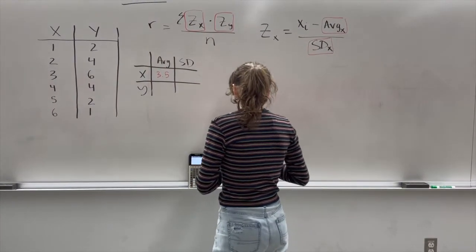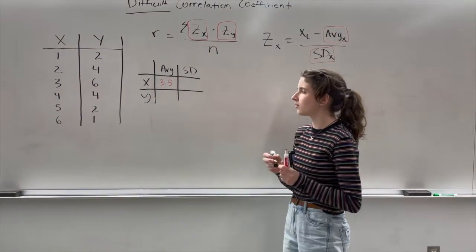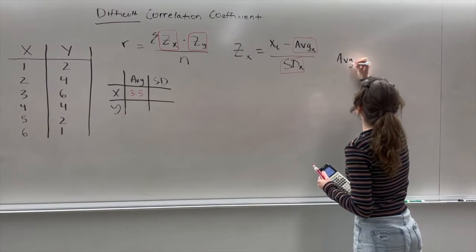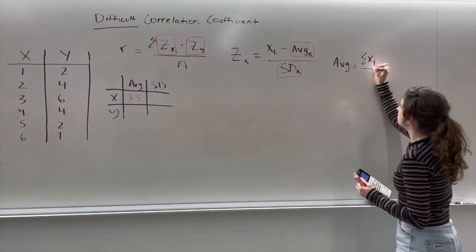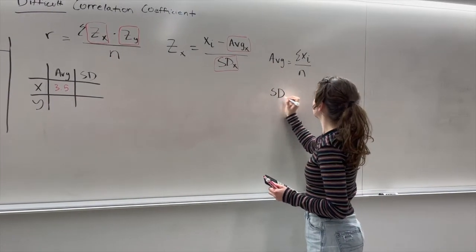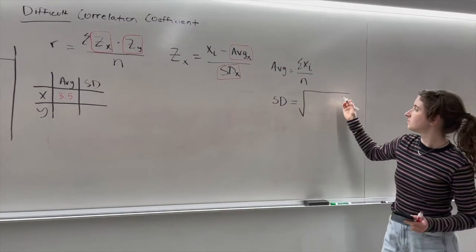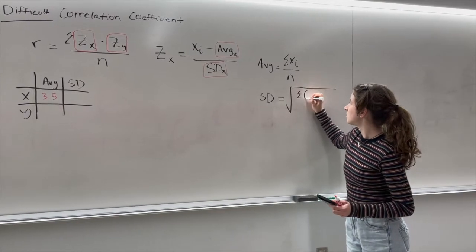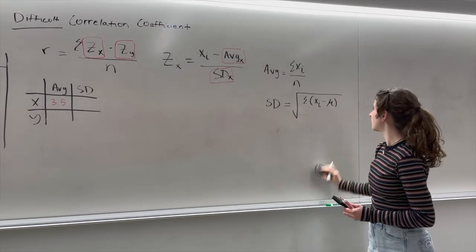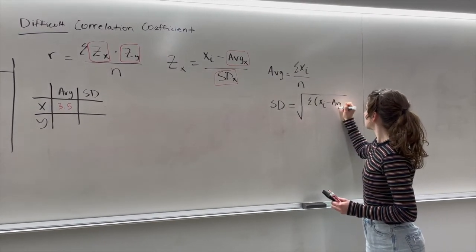And then the standard deviation is a bit more complicated. Here, I'll write out the equations for both. Average equals sum of all values over the number of values, and standard deviation, that's a little more complicated. You do the sum of all values minus the average, squared.